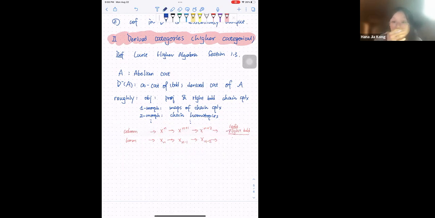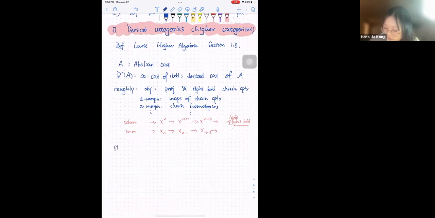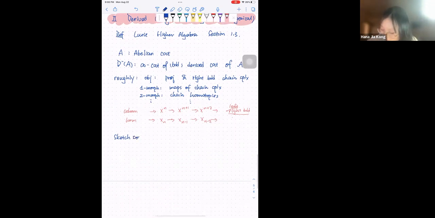Okay, I don't know if I have time, but let me quickly sketch how Lurie constructed this derived category, this D minus of A. Sketch of the construction: you start with A, and then you look at the full subcategory spanned by the projective objects.